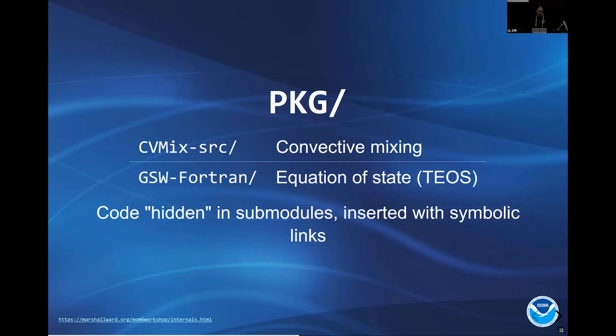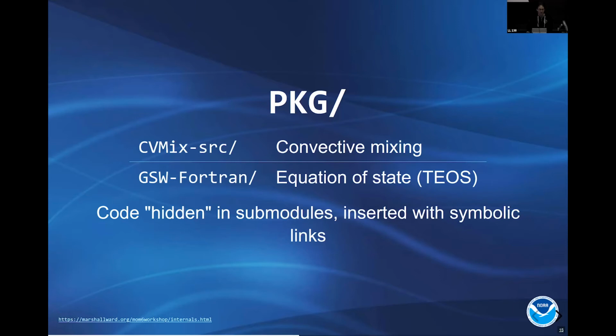I mentioned this PKG term directory before. These are our external code that we pull in. CVMix has come up a couple times. The equation of state is optionally turned on to be TEOS-10, which is the complicated one based on enthalpy.